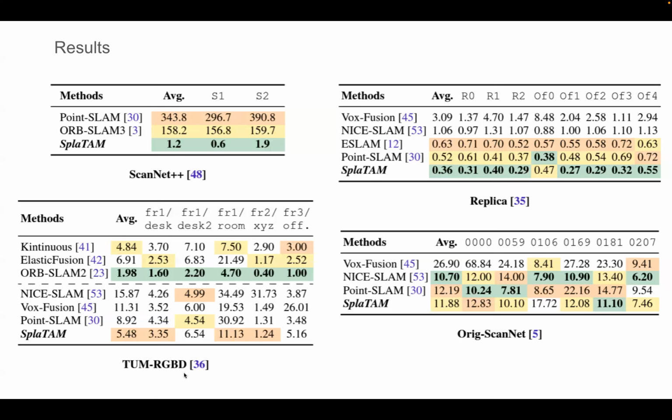So you cannot get a separate test trajectory for your SLAM setting. They say they don't work very well on the original ScanNet and the other one, TUM RGBD, because their captures have motion blur and a lot of sparsity in their depth maps.